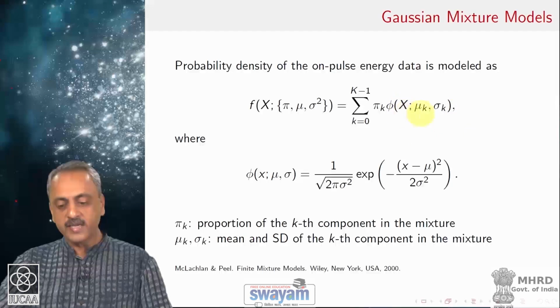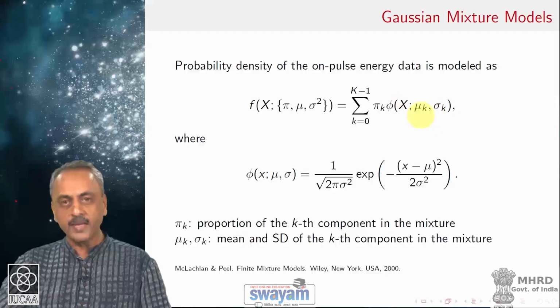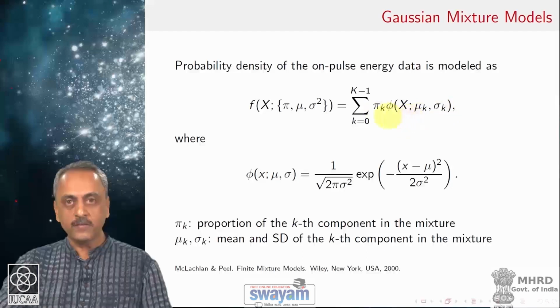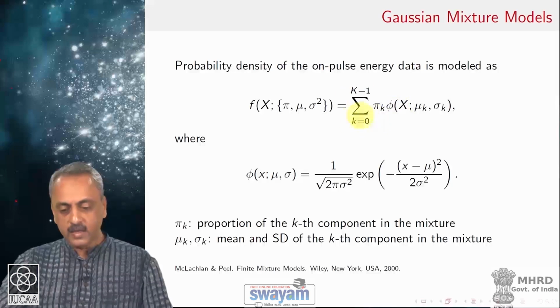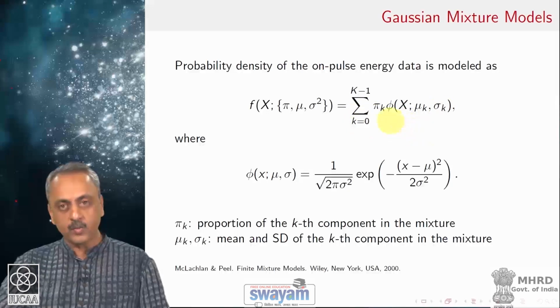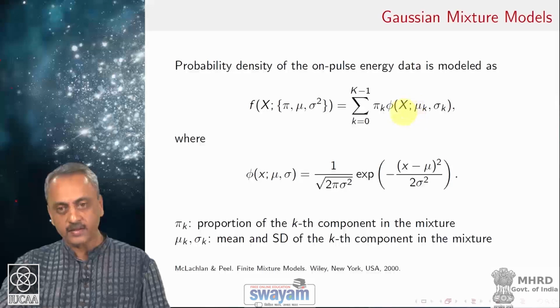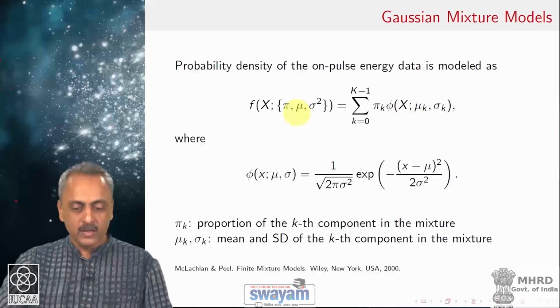X again represents data, and this mu k and sigma k are the mean and standard deviation parameters, and this pi is called the weight or the probability of each individual Gaussian. And you have this summation here. You are summing over different Gaussian components, basically adding them together at the data values.